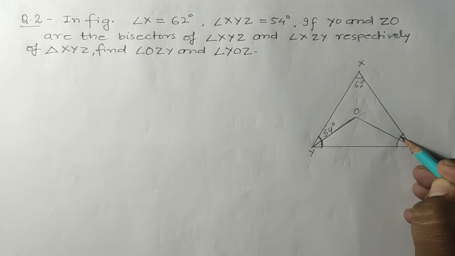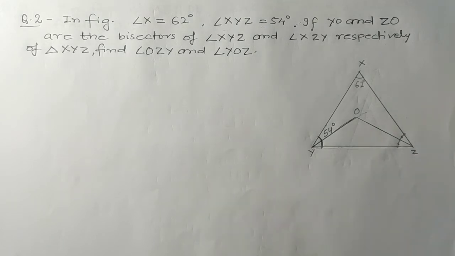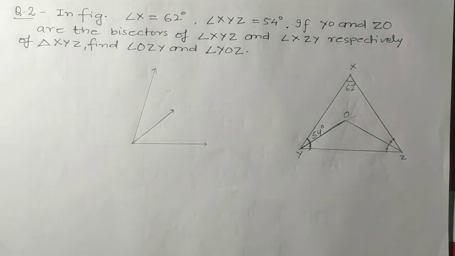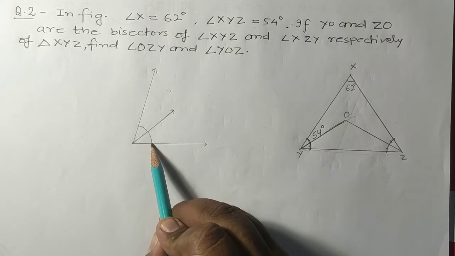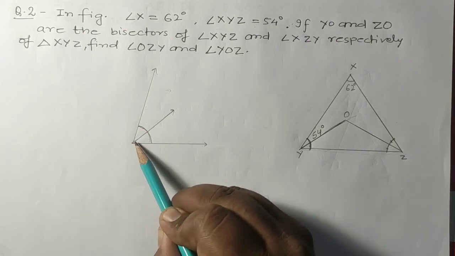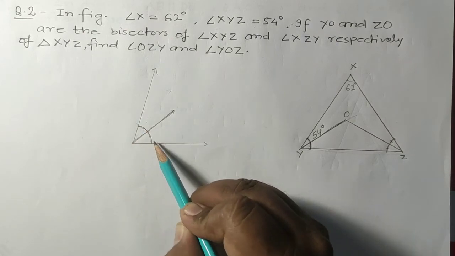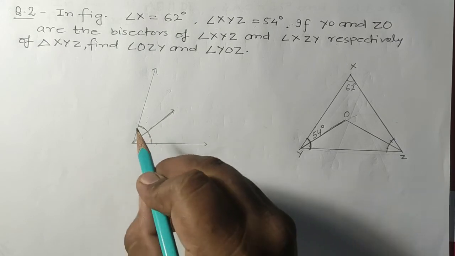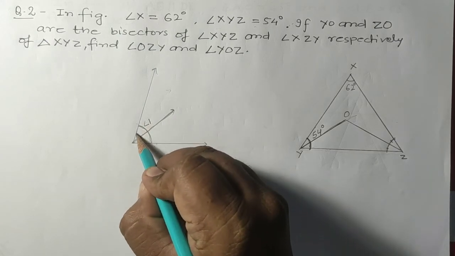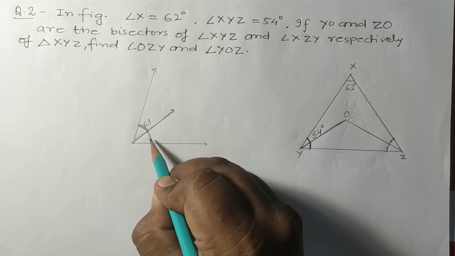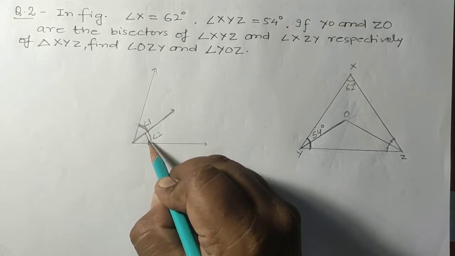Bisector means what, students? Let me make it clear. Suppose this angle is here, and this ray is the bisector of this angle. Suppose this is angle 1 and this is angle 2.